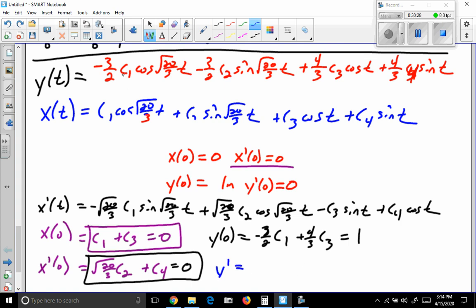So y prime, if we take the derivative of this one, we have the derivative of cosine is minus sine, so minus and minus is going to make that a plus 3 halves times the derivative of the inside, that's times C1, and the derivative of cosine is sine. And then when we take the derivative of this, the derivative of sine is cosine.